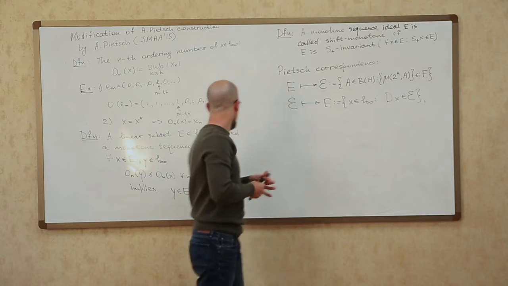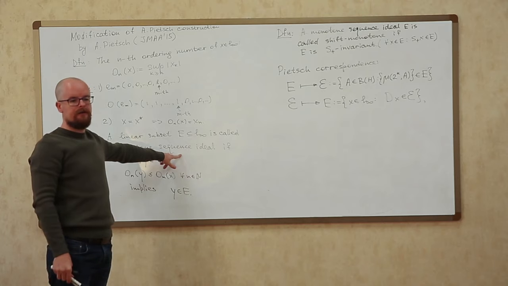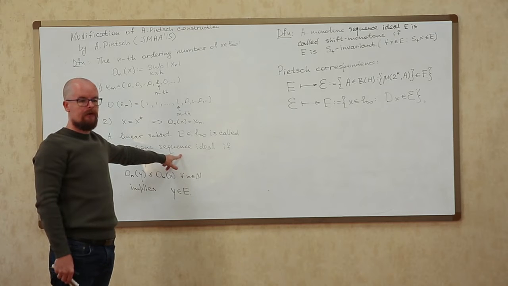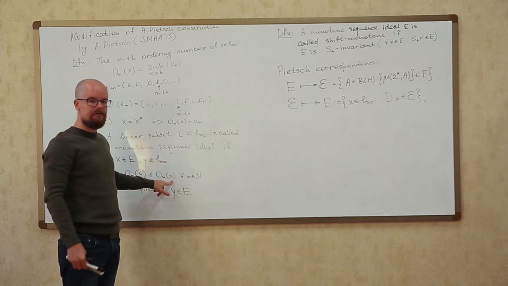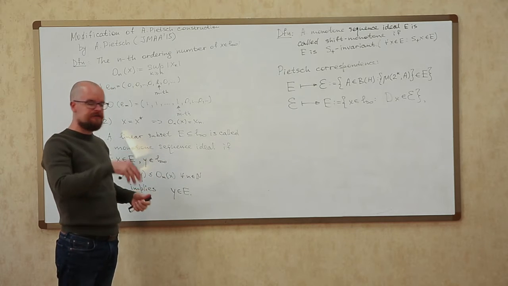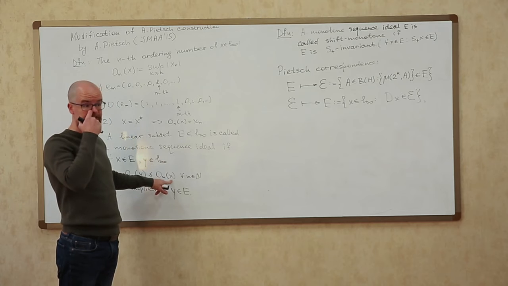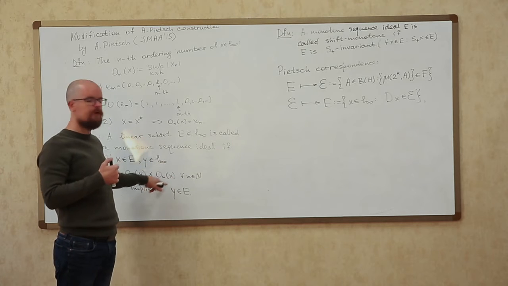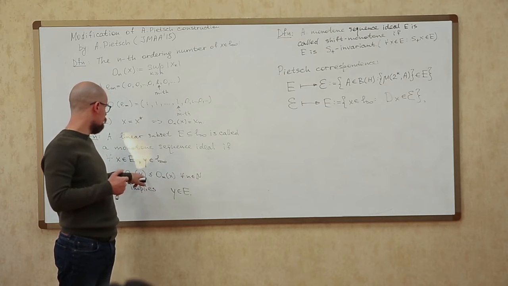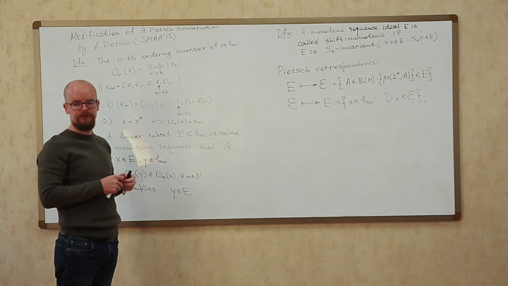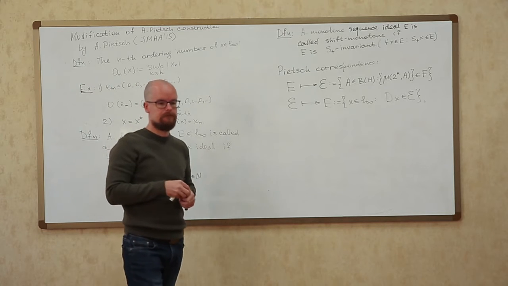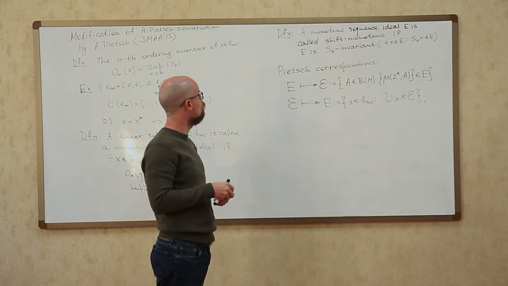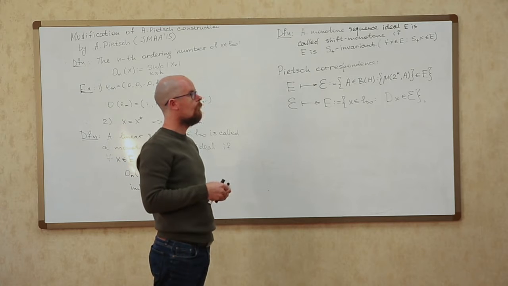Yeah. Every monotone sequence ideal is S minus invariant, because when you apply S minus to x, you lose information. So the ordinary numbers cannot be greater than the original ordinary numbers. So can we say E equals S plus E?